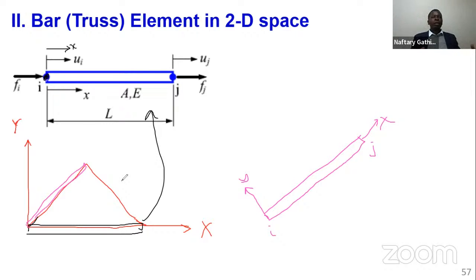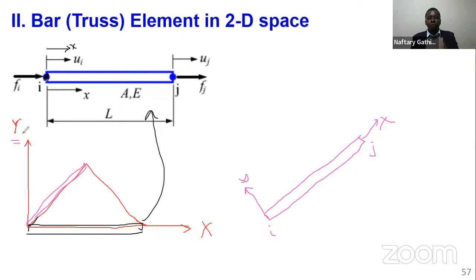When they are oriented in different coordinate systems, they are incompatible. But to do the assembly, stage 4 of our procedures for finite element analysis, we have to put them under the same coordinate system. That's what we are calling the global coordinate system.